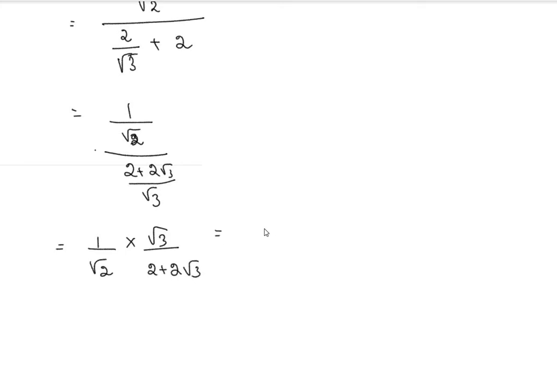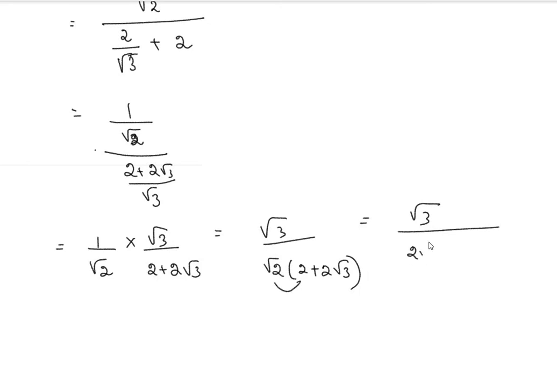So I'll be getting root 3 by root 2 into 2 plus 2 root 3. Okay. So when I multiply this root 2 with all these, what I'll get? 2 into root 2, 2 root 2. 2 into root 3 into root 2, that is 2 root 6.